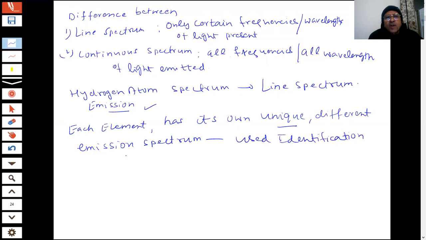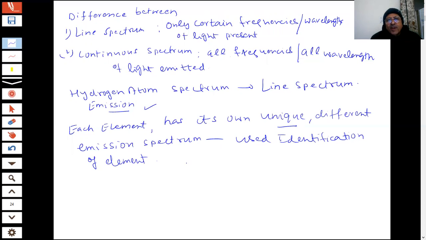On the sun there is a lot of helium gas, hydrogen gas, all that. We study the spectrum and then we say that these elements are present. Different elements' spectra will be different, therefore we can study them.